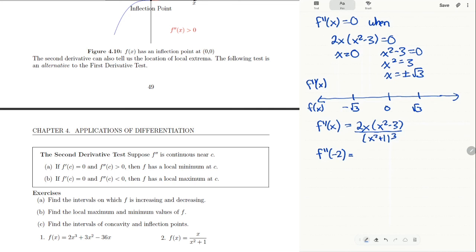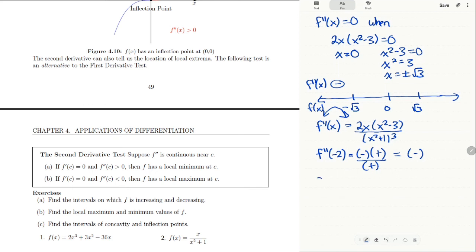And we substitute negative 2 into the second derivative. We get a negative number. Now negative 2 squared is 4 minus 3, which will be a positive number, and the denominator will always be positive. So multiplying this out, we get a negative number. So the second derivative will be negative on this interval, so it will be concave down.